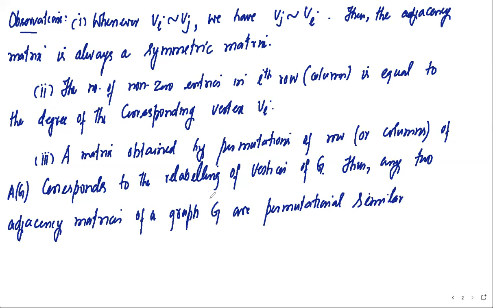Because if we change the labeling of the graph, we will get a new adjacency matrix, but that new adjacency matrix will be permutationally similar to the original adjacency matrix.